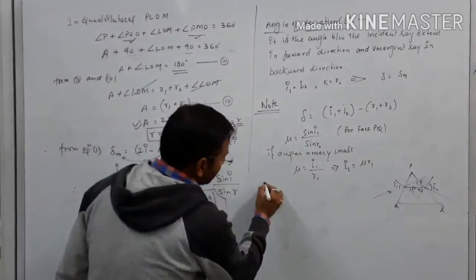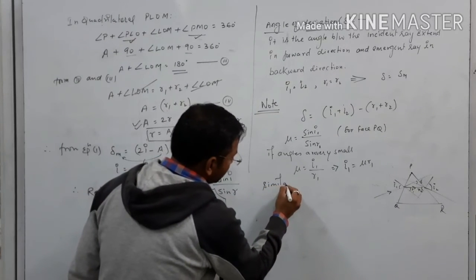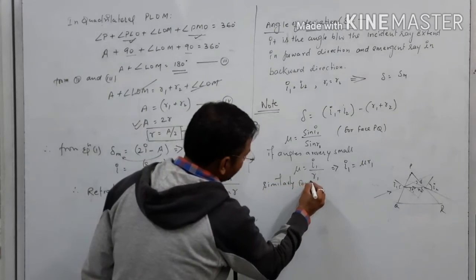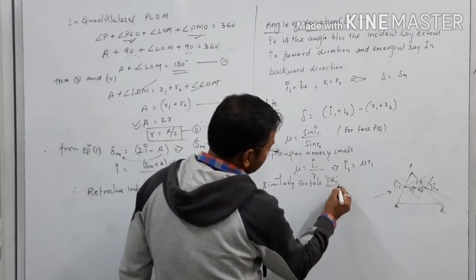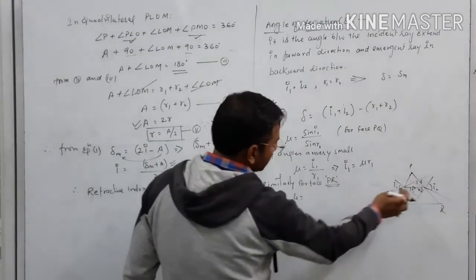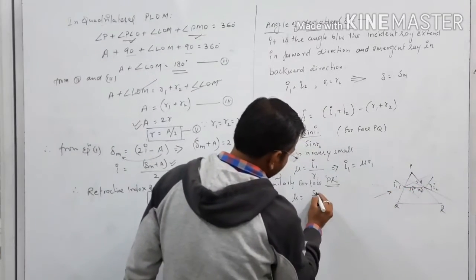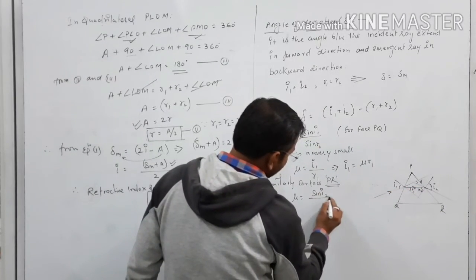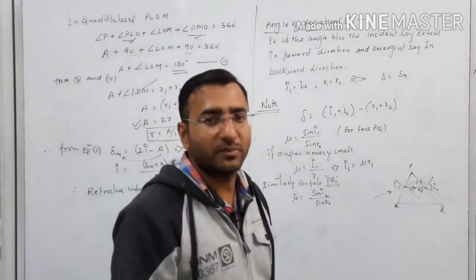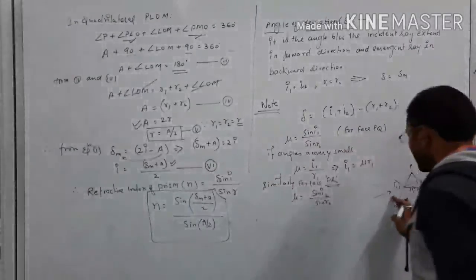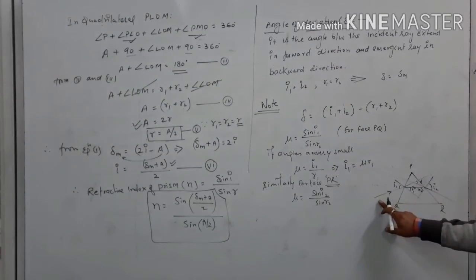Similarly, for face PR, mu is equal to sine I2 over sine R2. As I told you, it is a symmetrical ray presentation, meaning the incident ray and emergent ray are symmetric to each other.